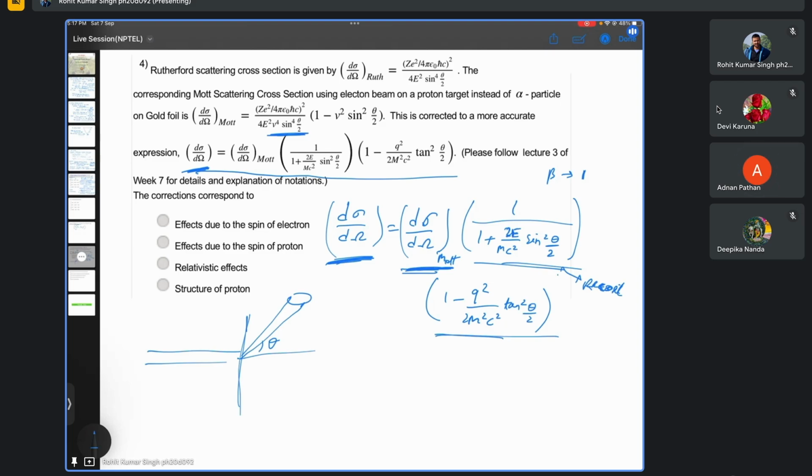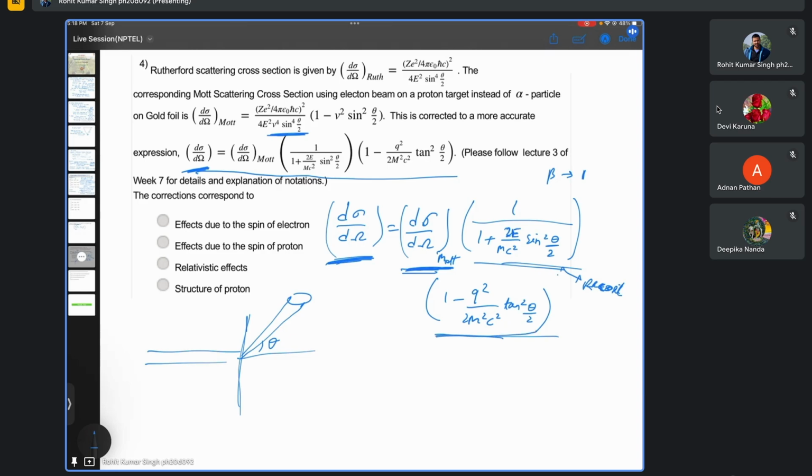Because the d sigma d omega of Mott, I think I remember that this also accounts for the spin of the electron, but I'm not sure.